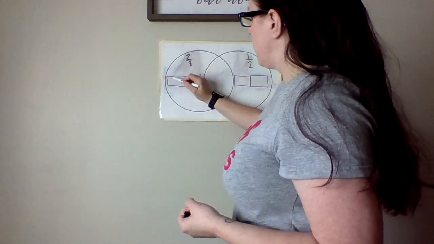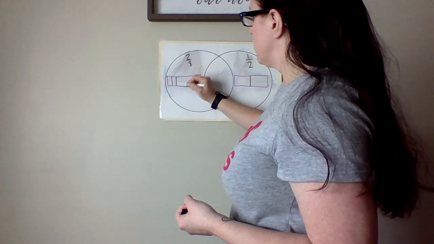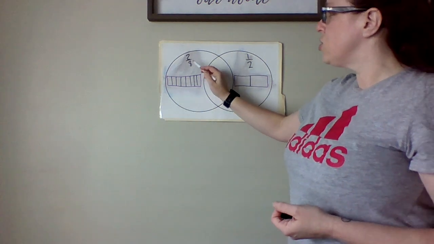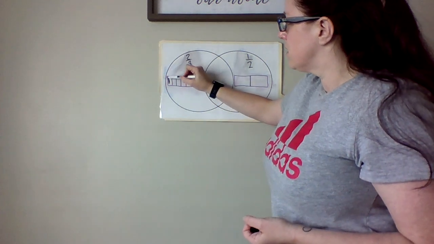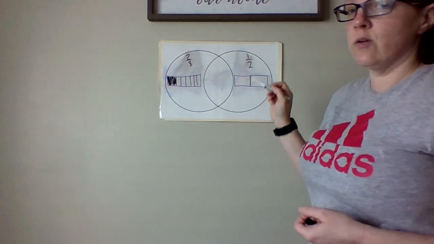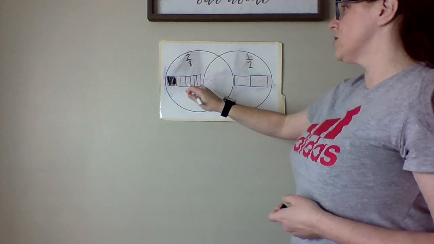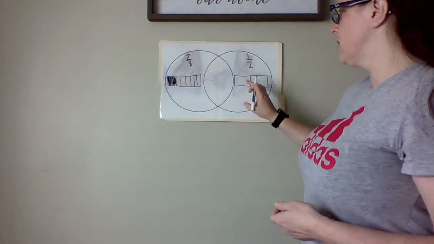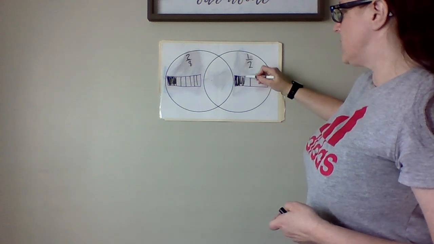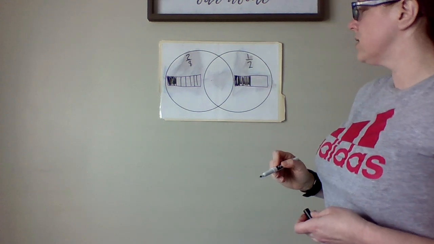So I need 7 lines for my 8 parts. 1, 2, 3, 4, 5, 6, 7. But I'm only coloring and shading in 2 of these parts. So here's 1 and here's 2. So we should have known before we even drew our pictures that this is probably going to be smaller, or less than, the part over here, which is an entire half of that whole.